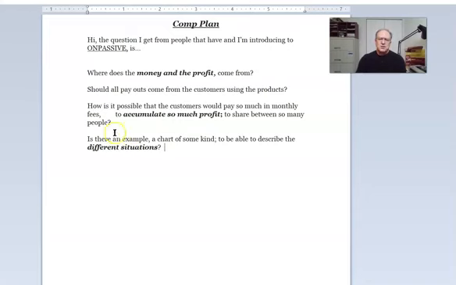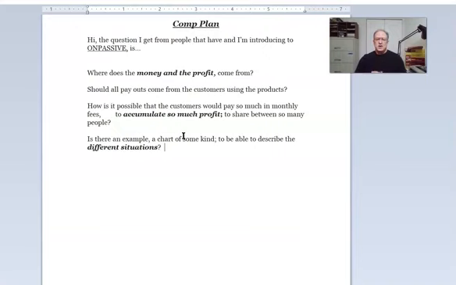So when the question comes out, how is it possible that a customer would pay so much in monthly fees? Number one, they're not paying so much in monthly fees if you compare it to what they have been paying with all the different vendors and all the products they have to go out and bring into their toolbox to market online. And remember, all this is under one umbrella.